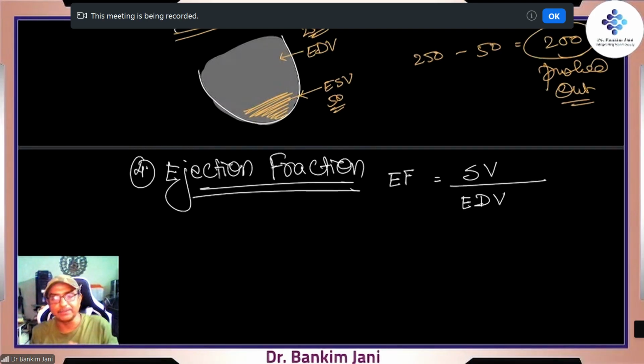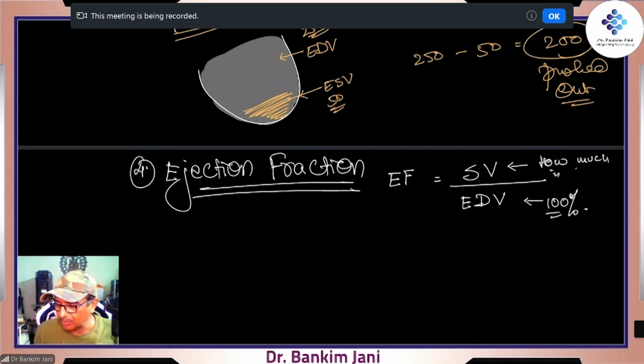So that's a percentage, because the maximum is 100%. More than the end diastolic volume, blood cannot be pushed out. It is impossible, because only whatever blood is present can be pushed. And stroke volume is how much is ejected, thrown into the aorta.